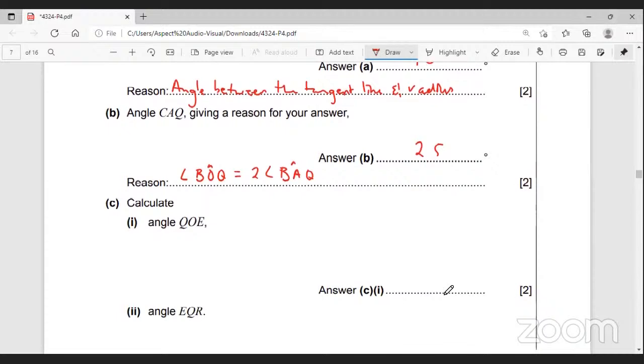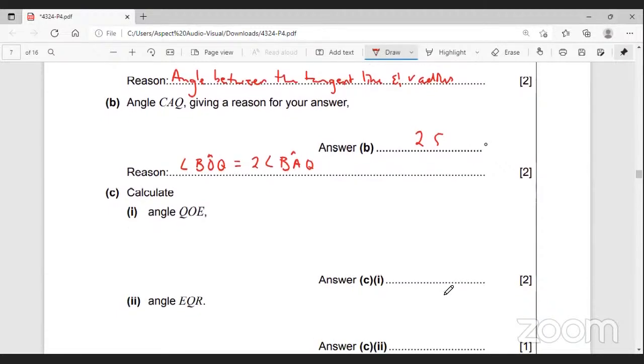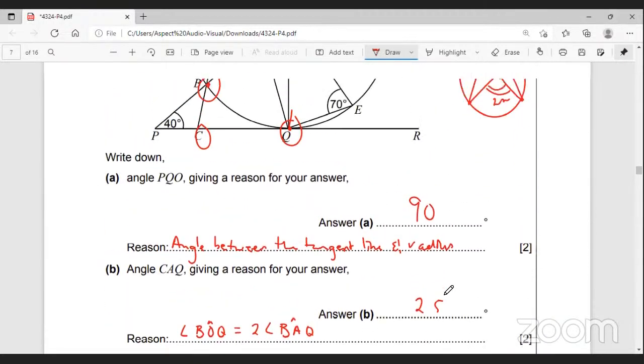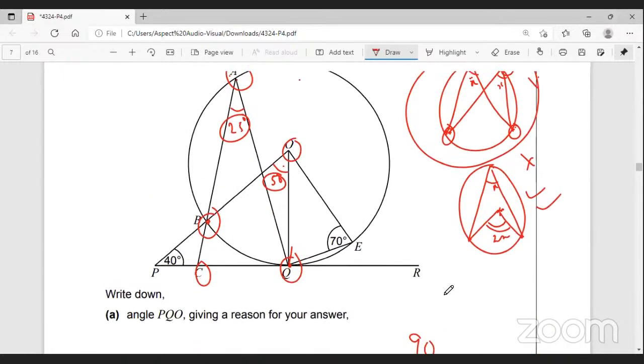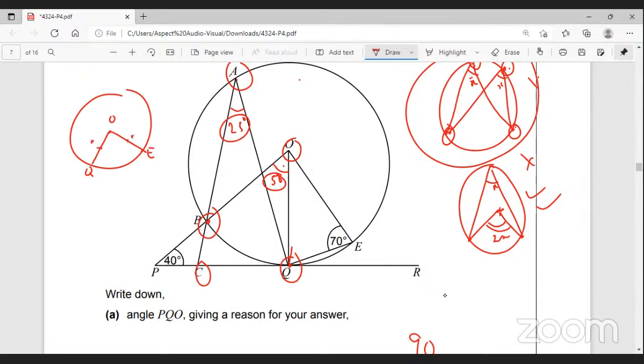The last question, they're asking angle QOE. So we are looking at angle QOE, so we have our circle there, our center O, and then we have the line OQ, and then we have the line OE. Both these lines are your radius.